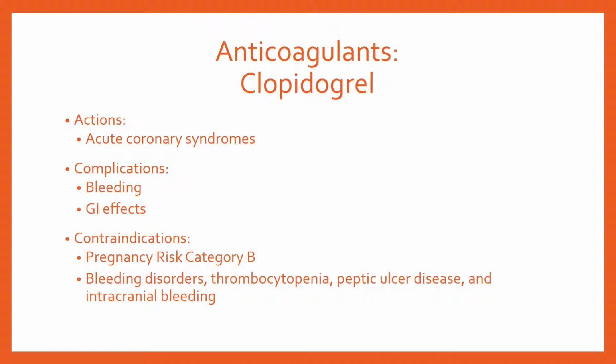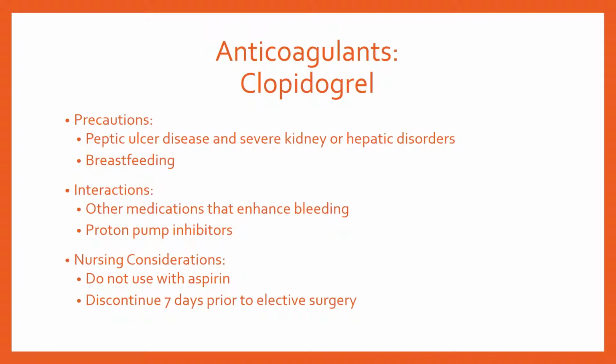Contraindications: pregnancy risk category B, bleeding disorders, thrombocytopenia, peptic ulcer disease, and intracranial bleeding. Precautions: hepatic ulcer disease, severe kidney or hepatic disorders, breastfeeding. Interactions: other medications that enhance bleeding, proton pump inhibitors. Do not use with aspirin and discontinue 7 days prior to elective surgery.